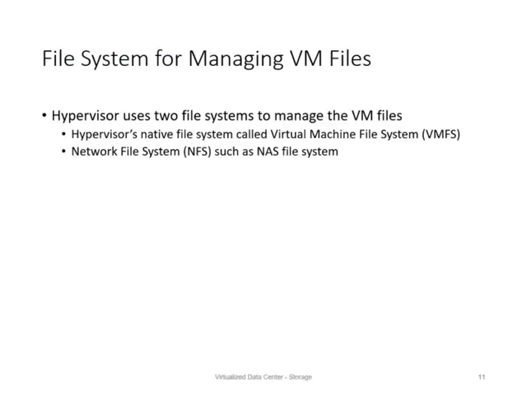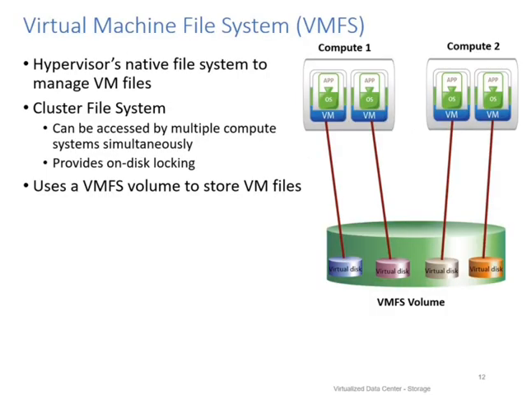Virtual machine files could be managed by hypervisor's native file system called virtual machine file system, or a network file system, that is NFS, such as NAS file system. These two file systems are discussed in subsequent slides. Virtual Machine File System (VMFS) is a native file system for hypervisor.